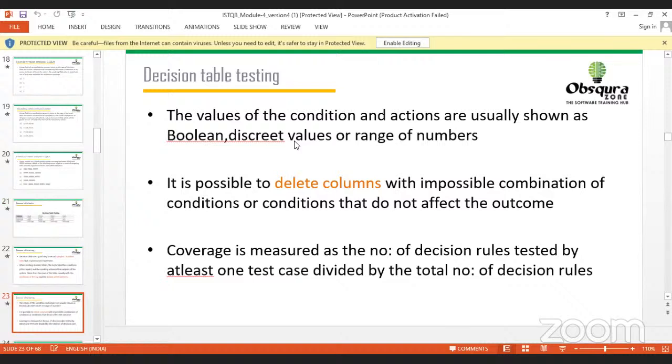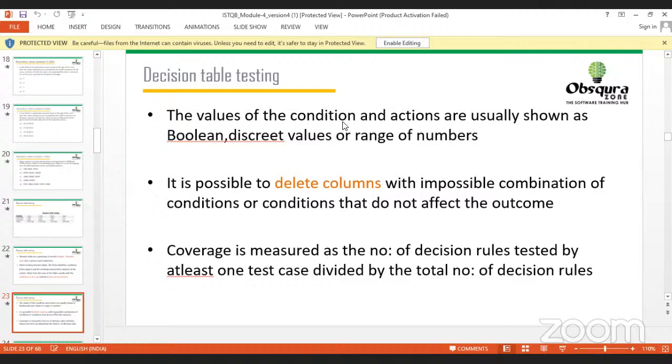The values of the conditions and the actions are usually shown as Boolean discrete values or ranges of numbers. Now, it is possible to delete columns with impossible combinations of conditions or conditions that do not affect the outcome. We can delete the invalid columns.